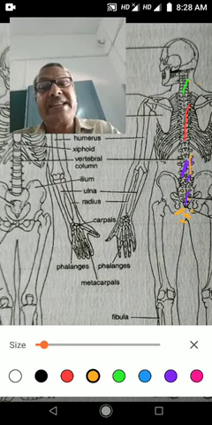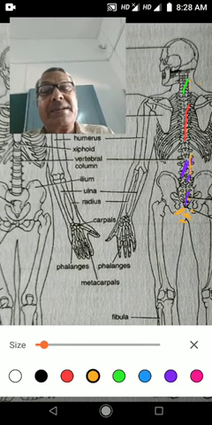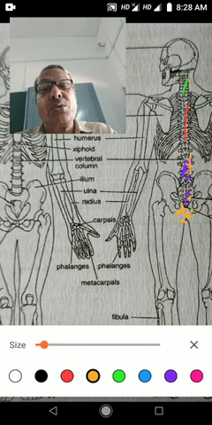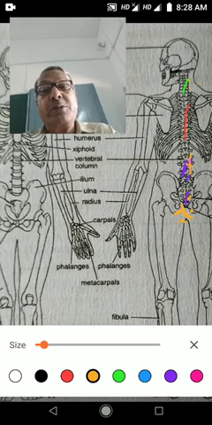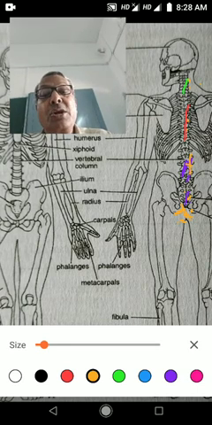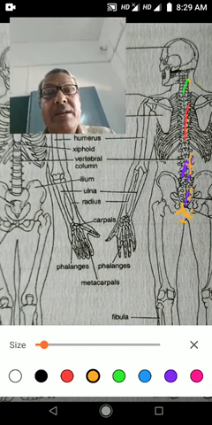So 7 in the neck region, 12 in the thorax region, 5 in the lumbar region, 5 in the sacral region and 4 in the coccygeal region, altogether 33 in the child. In the adult, 7 in the neck region, 12 in the thorax region, 5 in the lumbar region, and 1 sacral and 1 coccygeal, so 26 vertebrae.